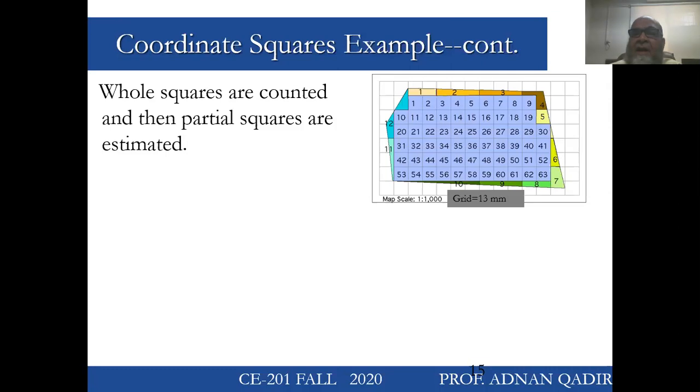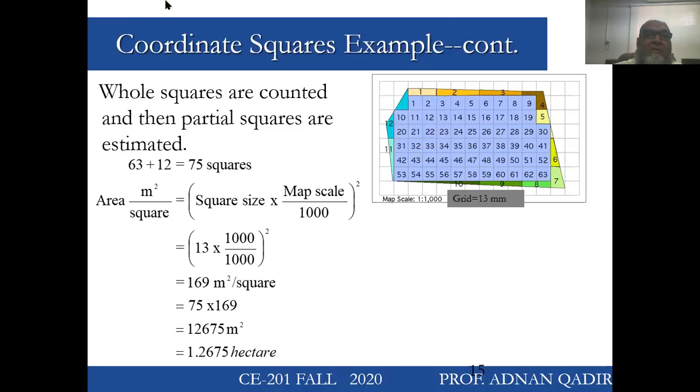Obviously, people have different ways, and this doesn't matter a lot. So for us, let's say this is 63 1275 square. So area is simply 1 square is 13, and the map scale is 1000.